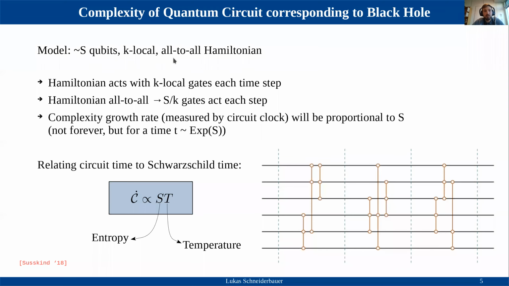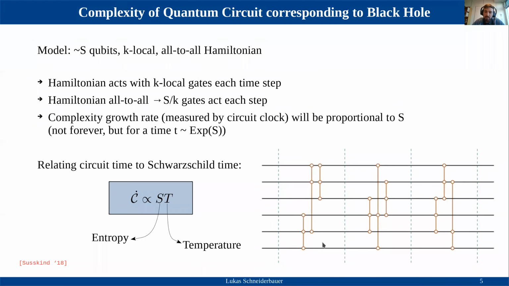It has a k-local and all-to-all Hamiltonian. Now, what follows is that, as I already said, at each time step, the Hamiltonian acts with k-local gates, and it has to be all-to-all. That means that at each time step, we have around s over k gates that act.